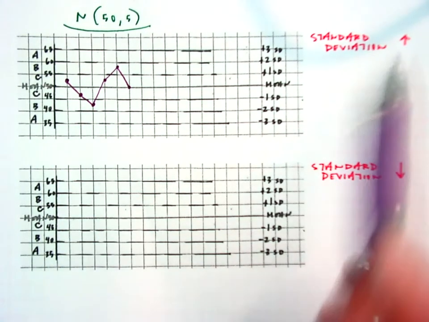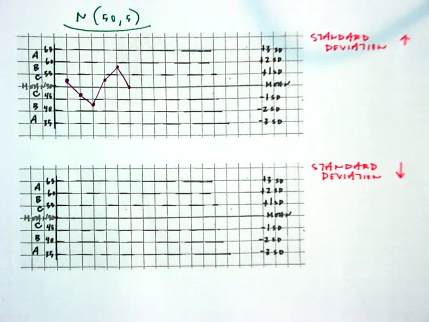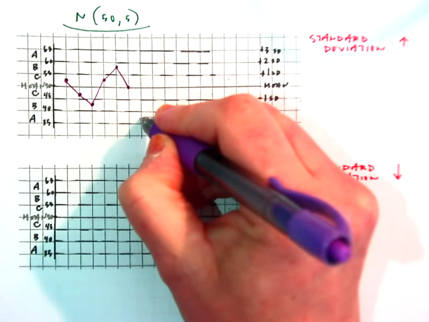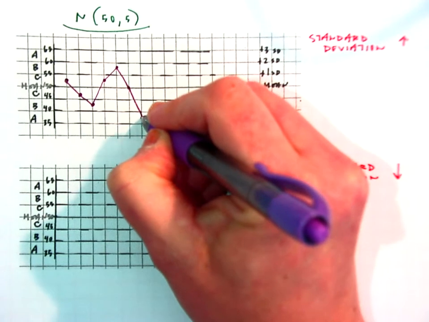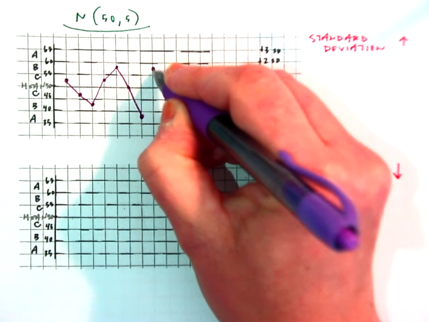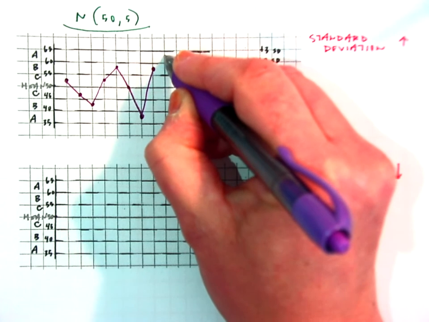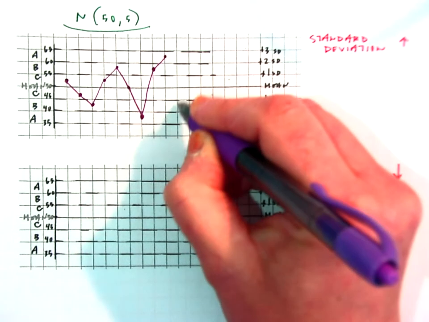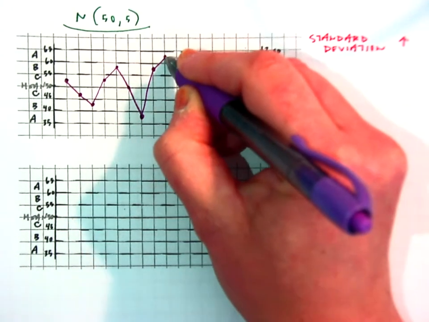If I want to show that it's increasing, that just means I'm seeing more variation, more fluctuation in my data points. So maybe I have a point that's down here in A, and then a point over here in B, like that, and then maybe up here in A, and then down here in B, kind of like this.